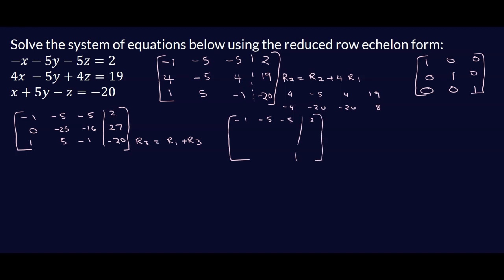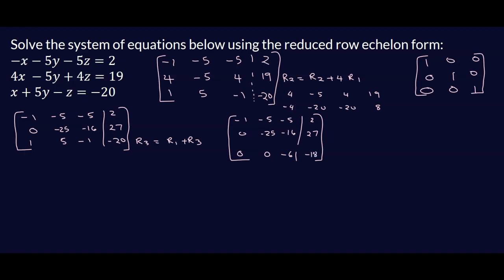And then we have 0, -25, -16, and then we have 27. Now we'll go ahead and add rows 1 and 3 together. -1 plus 1, we have 0. -5 plus 5, we have 0. -5 plus -1, we have -6. And then we have 2 plus -20, we have -18.